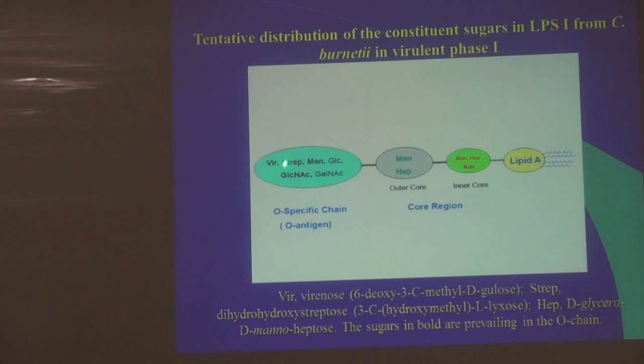We know that virenose and streptose, those two sugars, are located here in the O-specific chain. Mannose is there, and then glucosamine and some minor amounts of N-acetyl-galactosamine and glucose. That's what we know on this LPS, but we work very hard on it and we want to finish this work very soon.